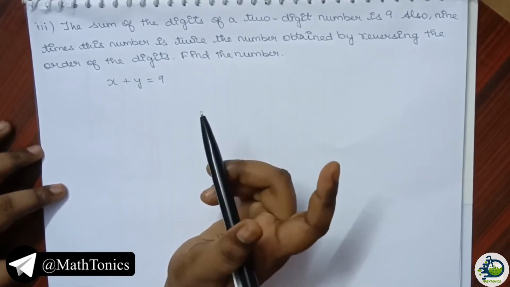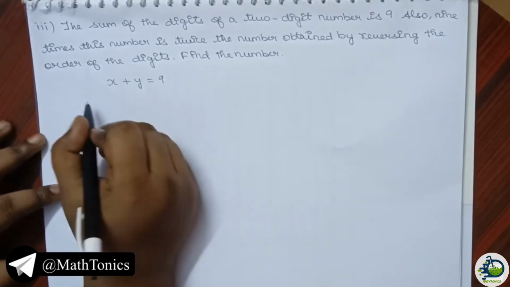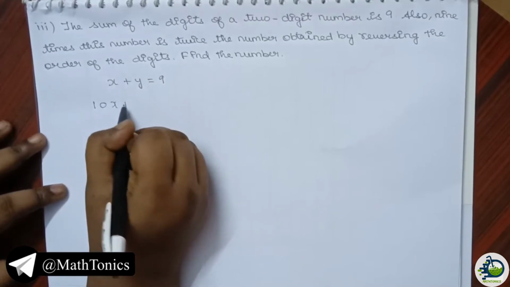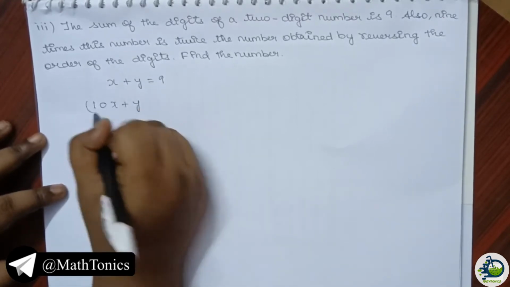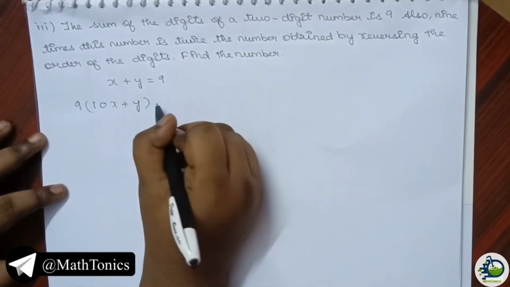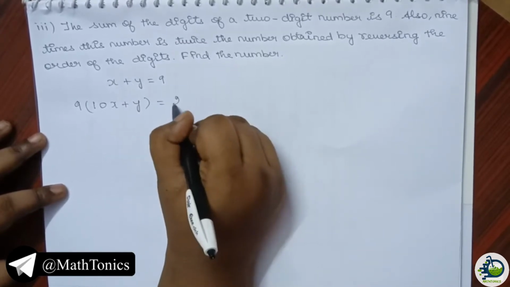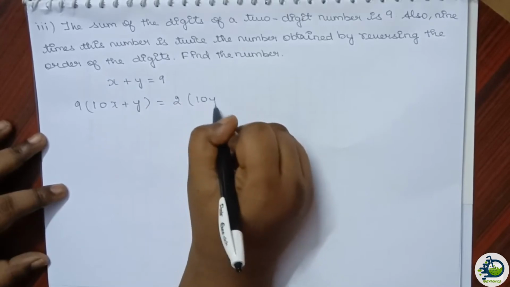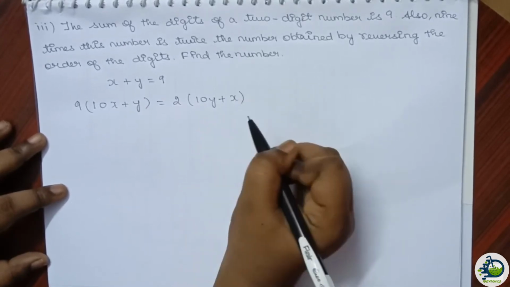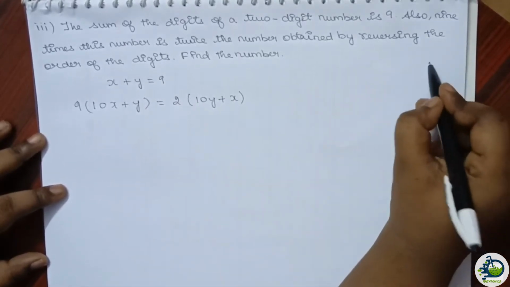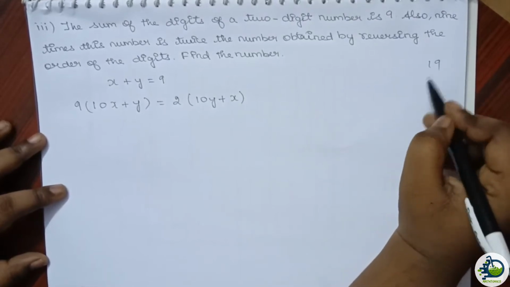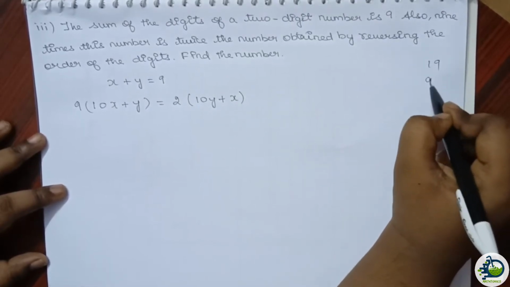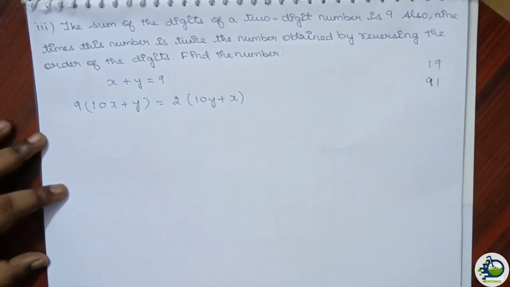So the general formula for a 2-digit number is 10x plus y. So 9 times this number is equal to twice the number obtained by reversing the order. So it becomes 10y plus x. That is, if I am given a number 19, when I reverse the order, it becomes 91. So this is what they are saying.